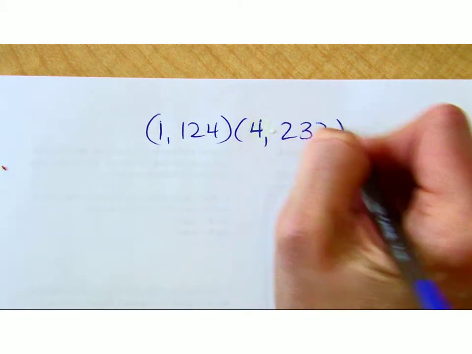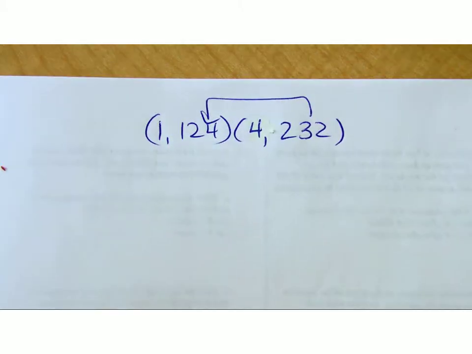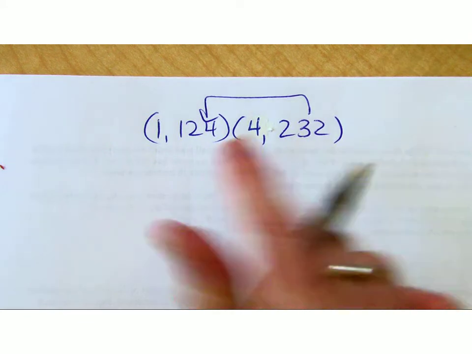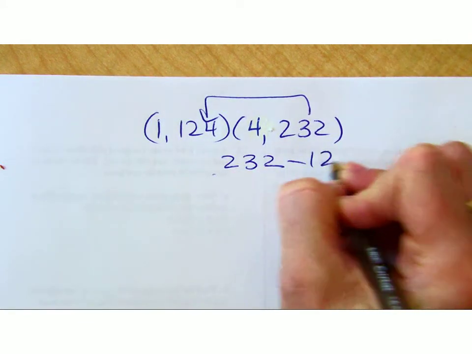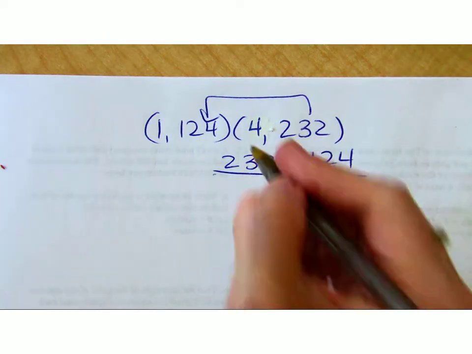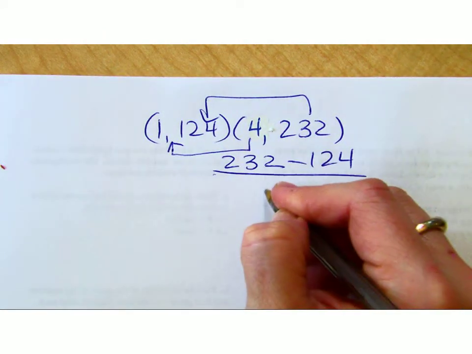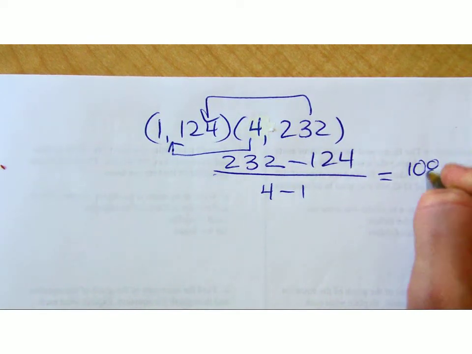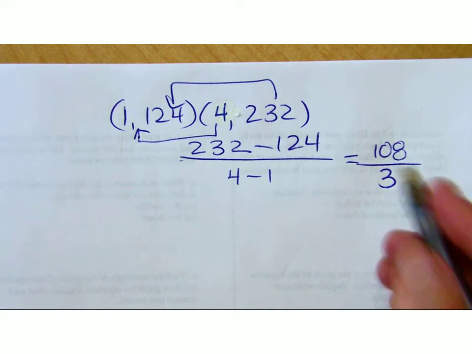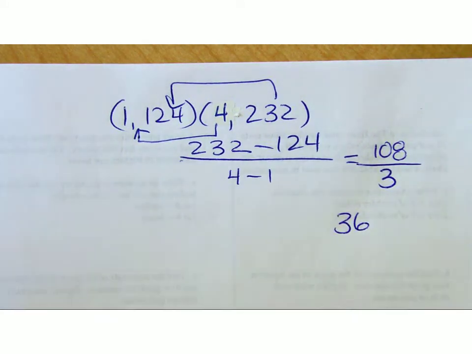Basically, you're saying 232 minus 124, and the change in the weeks was from week 1 to week 4, so it was a difference of 108 people over the course of 3 weeks, which means that attendance increased by an average of 36 people a week, right? 36 more people, 36 more people, 36 more people.